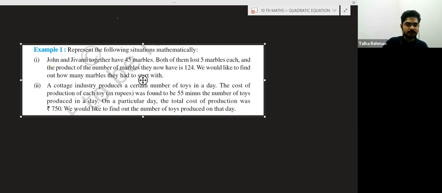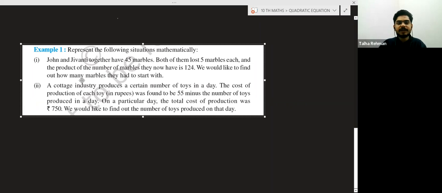So first, they are saying John and Jivanti together have 45 marbles. Both of them lost 5 marbles each, and the product of the number of marbles they now have, means after losing 5 marbles, is 124.